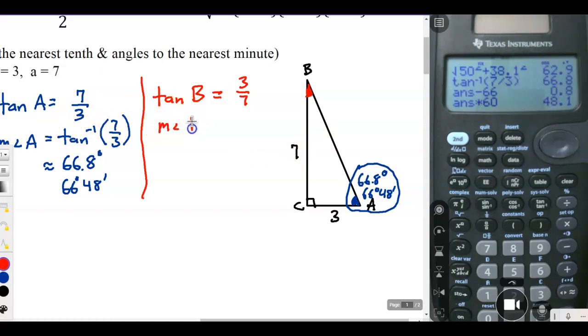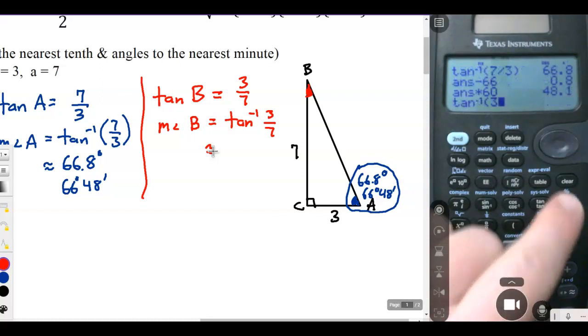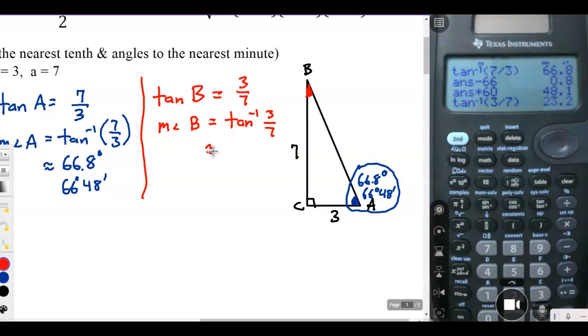The measure of angle B will be the arc tangent of 3 over 7, which is approximately equal to 23.2. Right? And that's going to be equal to 23 degrees. And we'll have, what, 12 minutes, 0.2.